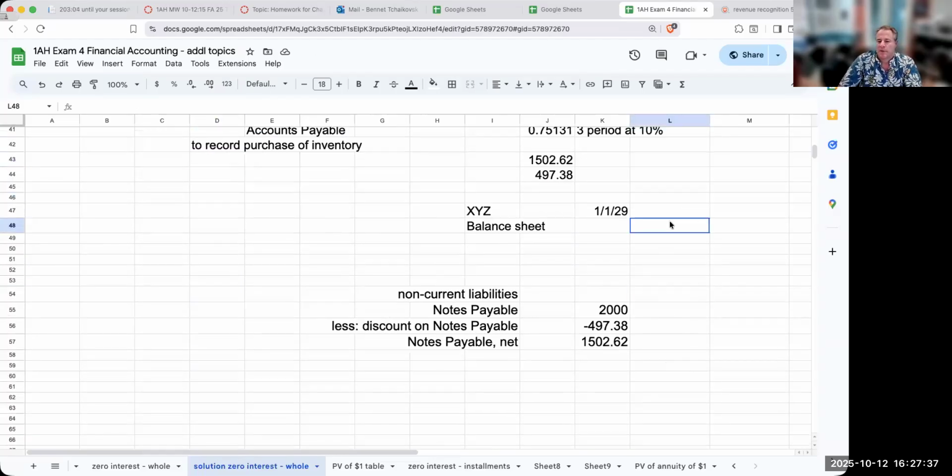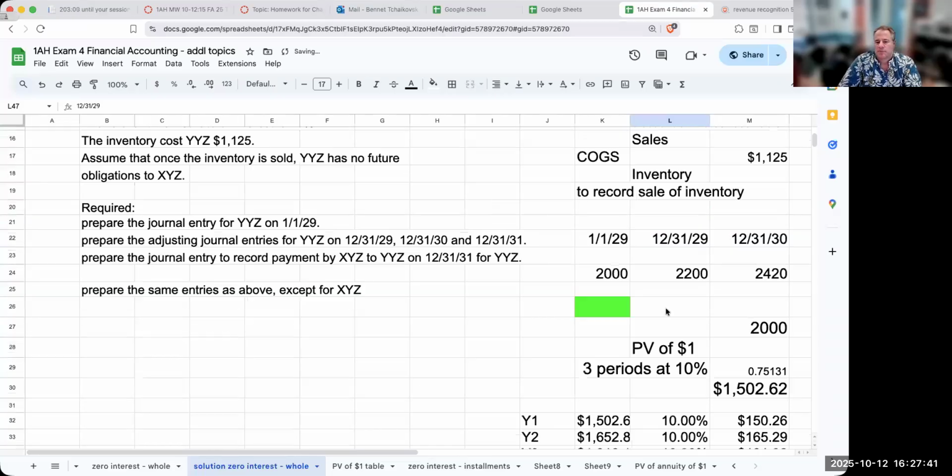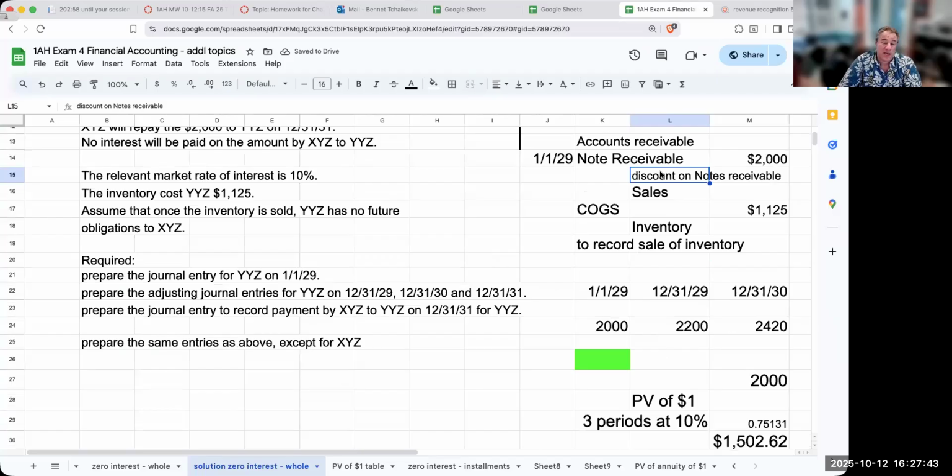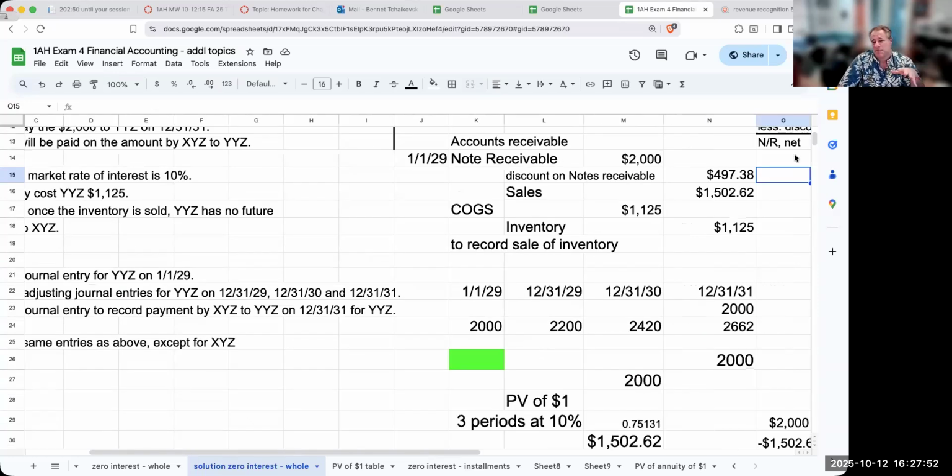Now, when we get to 12/31/29, a discount on notes receivable is really another way of saying interest revenue, right? Because that's what this represents, because the value of that future money today is not 2,000, it's 1502.62.